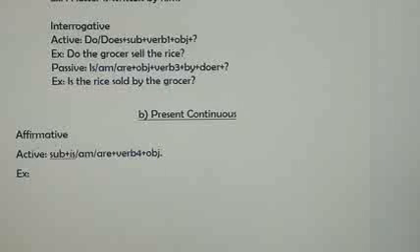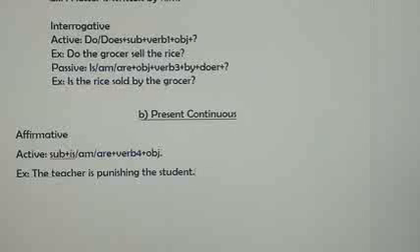Like, the teacher is punishing the student. The teacher is punishing the student.